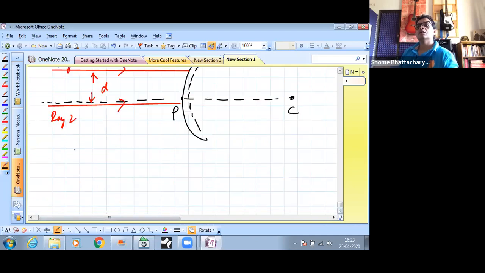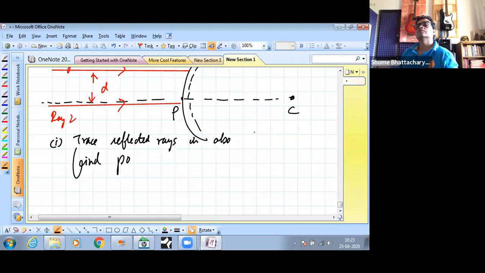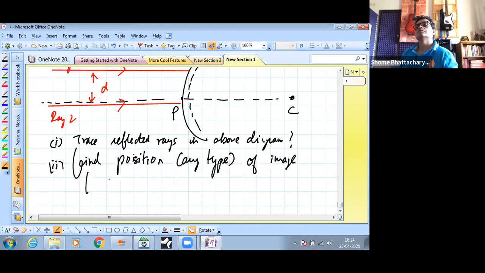Now we have to find the position. In fact, forget finding the position. First, let us trace the reflected rays in the above diagram. And from that, you find the position and type, that is whether it is virtual or real, of the image formed by the reflected rays.